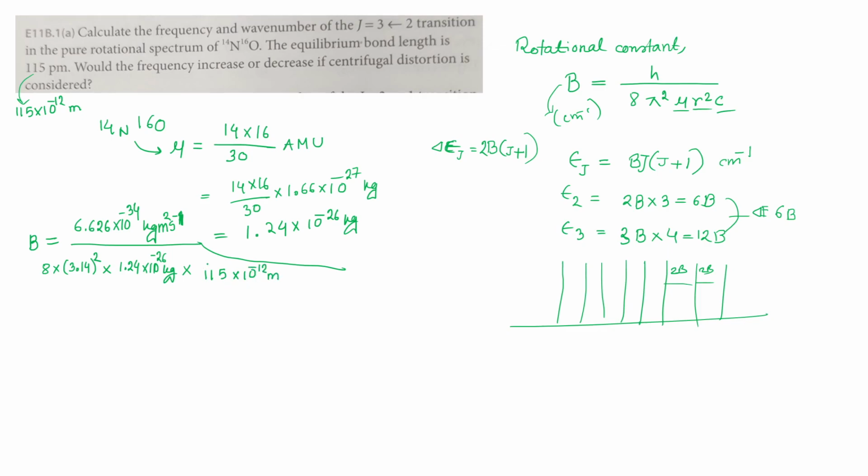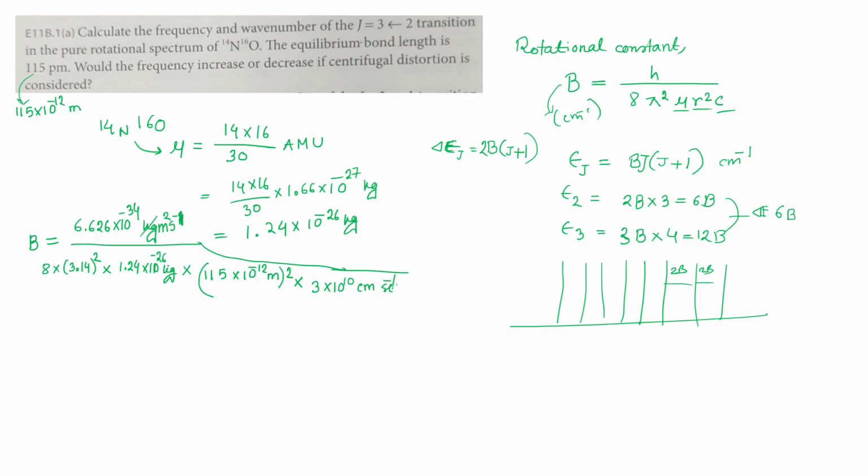Now you need to square those, and c I will take in centimeter per second, 3 into 10 to the power 10 centimeter per second. As you know from solving these problems, if you need B in centimeter inverse, I kept it like that.